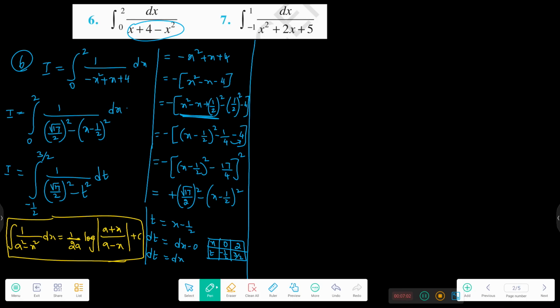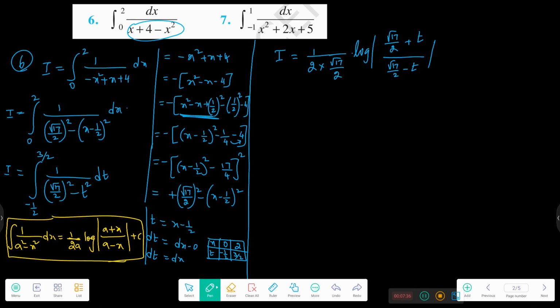Okay, don't forget. Now I is equal to 1 divided by 2 times a, where a is root 17 divided by 2, into log of a plus x, here a is root 17 divided by 2 plus t, instead of x, t, whole divided by root 17 divided by 2 minus t, and limits.